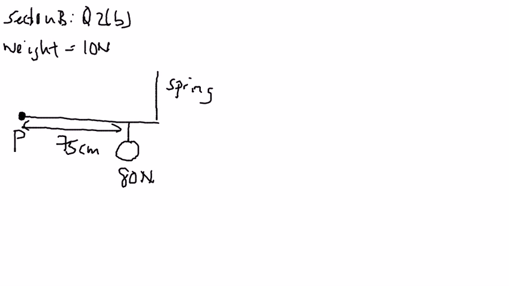Always from the center. So this is the weight here, going downward, so this is 10 Newton. So then the question is, what would be the reading if the rule is in equilibrium?